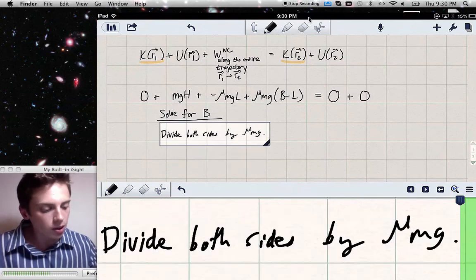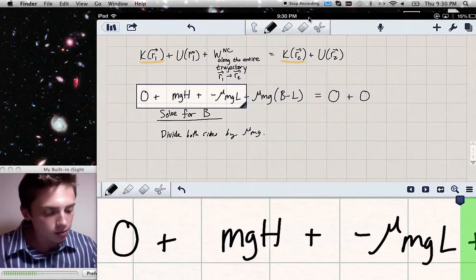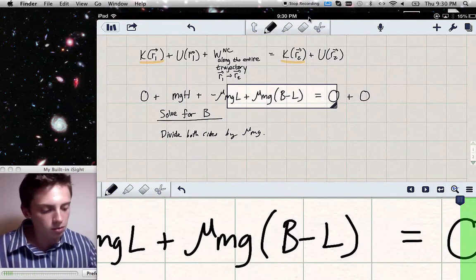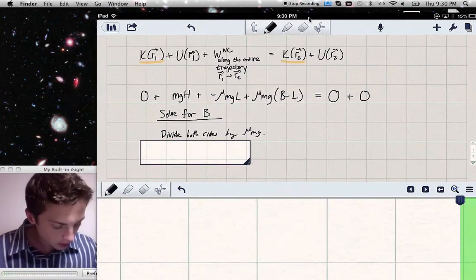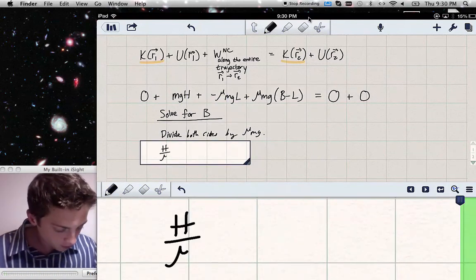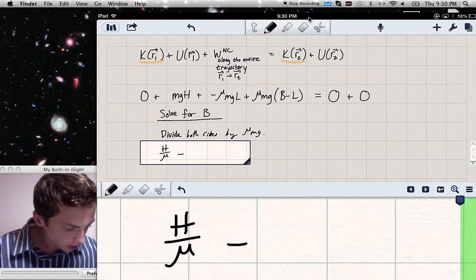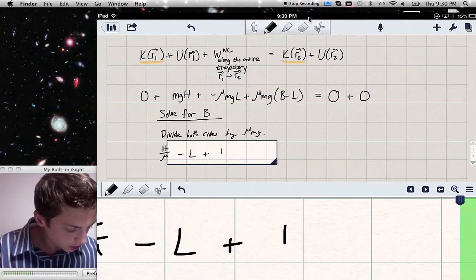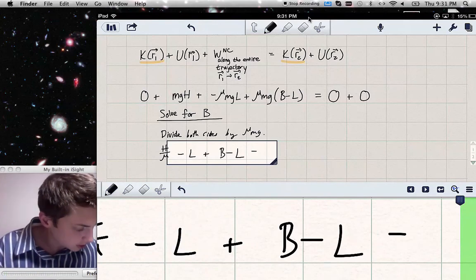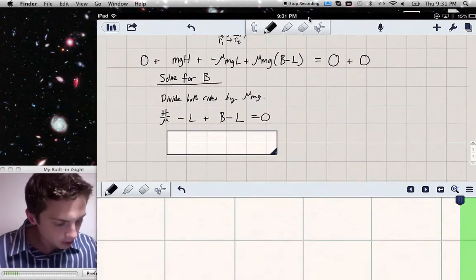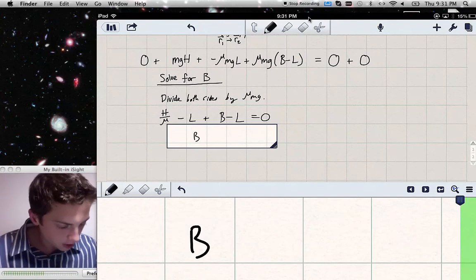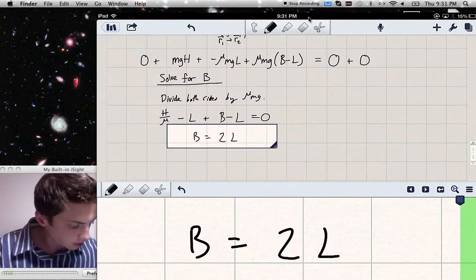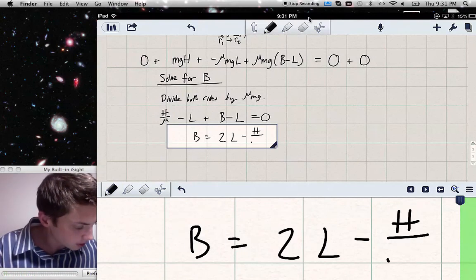If I divide both sides by mu mg, this term becomes h over mu, this term becomes negative L, and this term becomes B minus L. So we get h over mu minus L, plus B minus L is equal to 0. Then we solve for B, and we get B is equal to 2 times L minus h over mu.